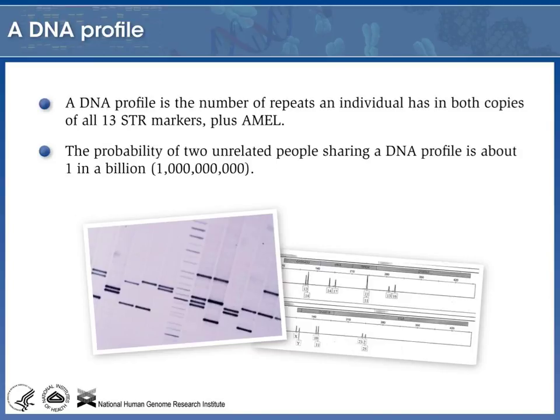Before, when they just used 13 of these STRs, the chances of an individual having the exact same fragment lengths over 13 of these different regions was 1 in a billion. If they use STRs now, it's like 20 or 30, so it's much lower probability.